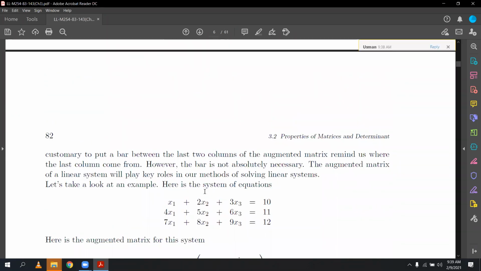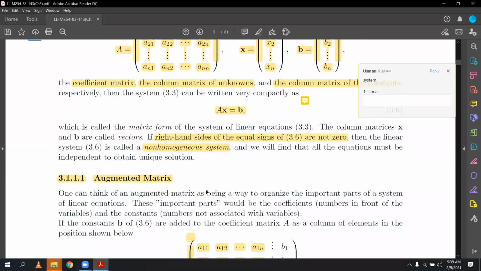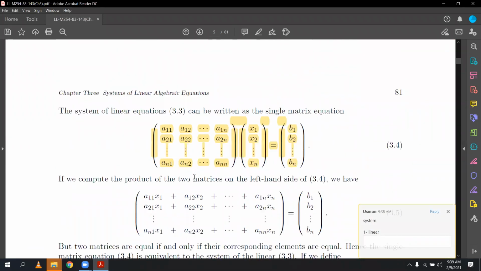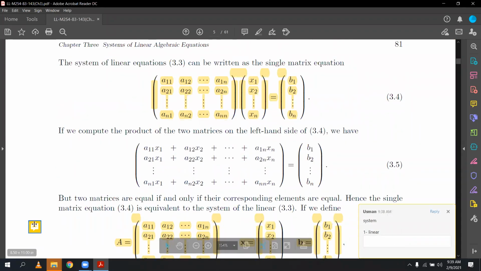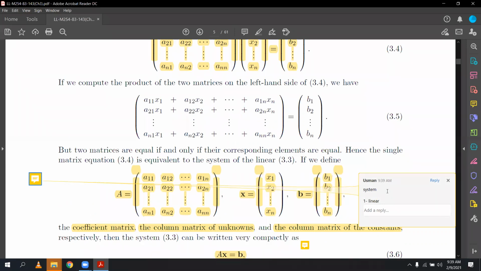Now, how do I say the system is linear? System means more than one equation given at a time.